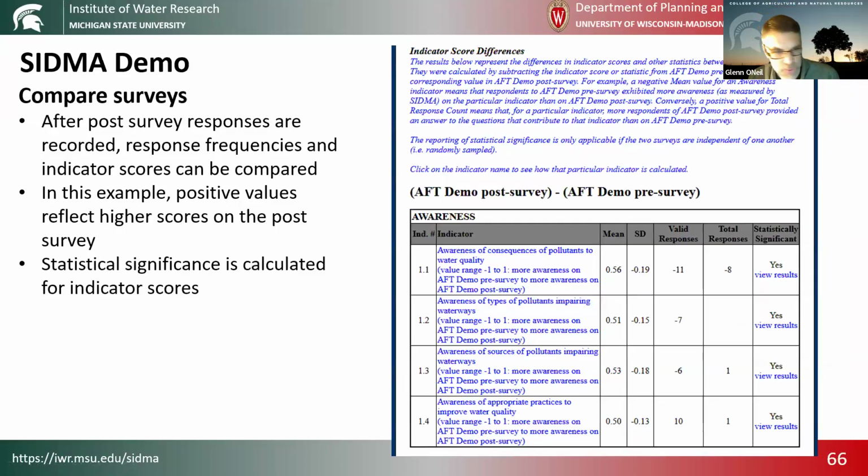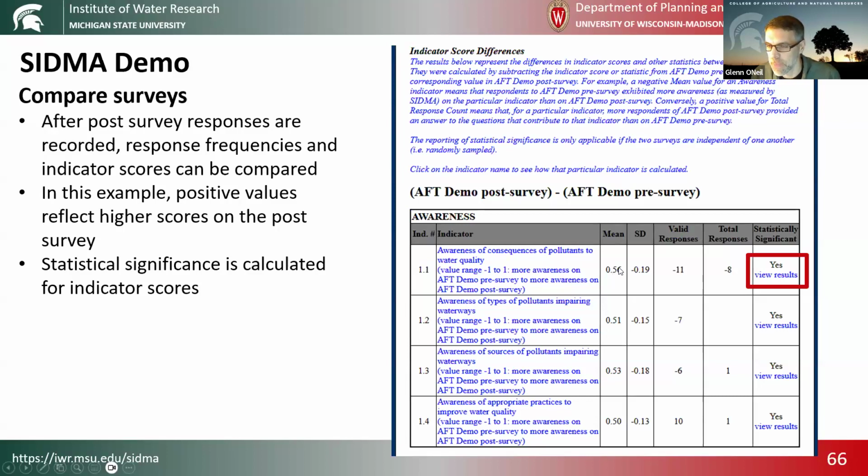So that's what you can do with the response frequencies. With the indicator scores, it'll do the same thing, indicator by indicator, looking at the score and calculating the difference between the two surveys. So it provides some additional text on how to interpret these. So for example, our first indicator, the awareness of the consequences of pollutants to water quality, a score of 0.56.